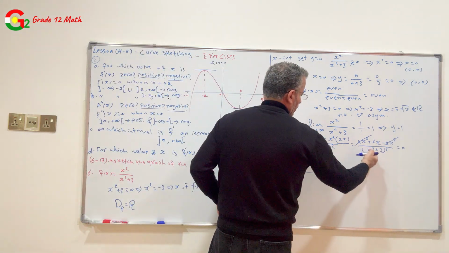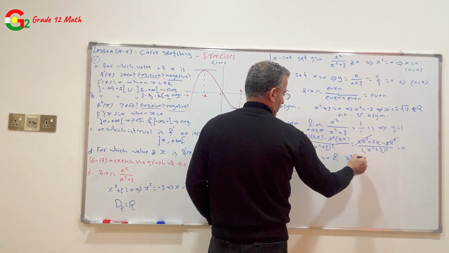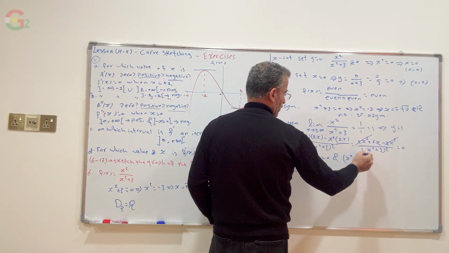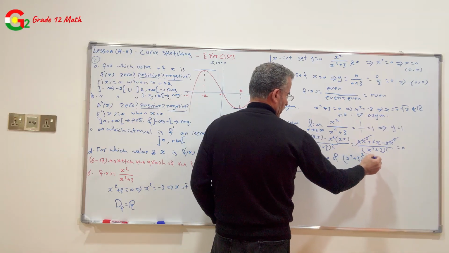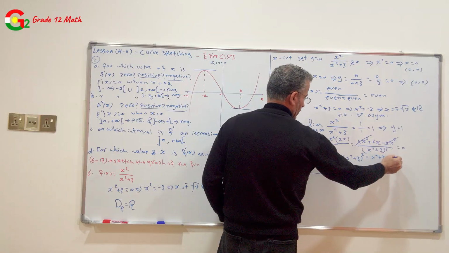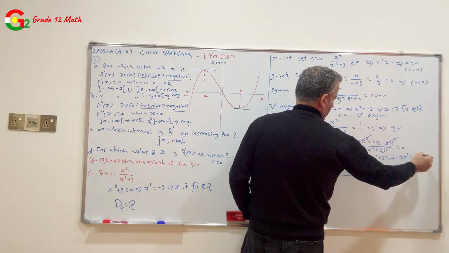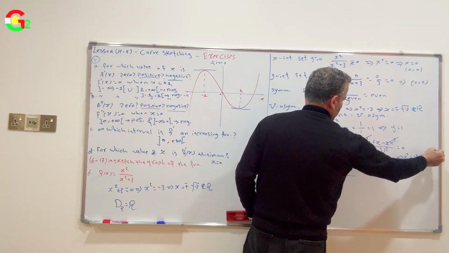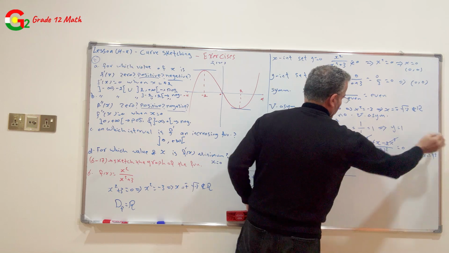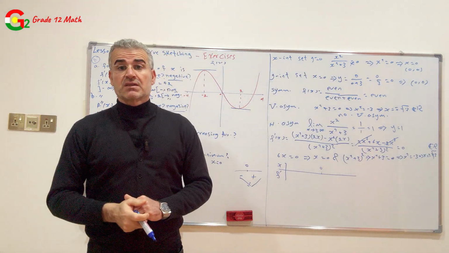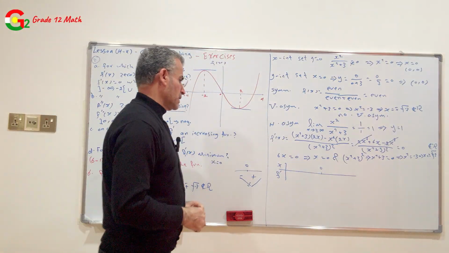Also, if we set the denominator equal to 0 to find the value that makes the derivative undefined, we see that x power 2 plus 3 equals 0, then x power 2 equals negative 3, then x equals plus or minus the square root of negative 3, not a real number. There is no value that makes the first derivative 0 or undefined. Therefore, the only critical point is 0.